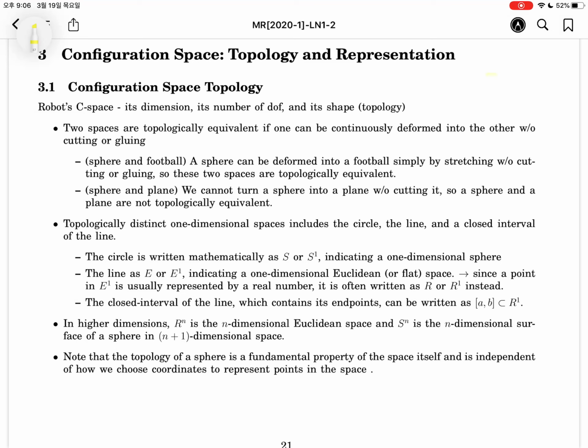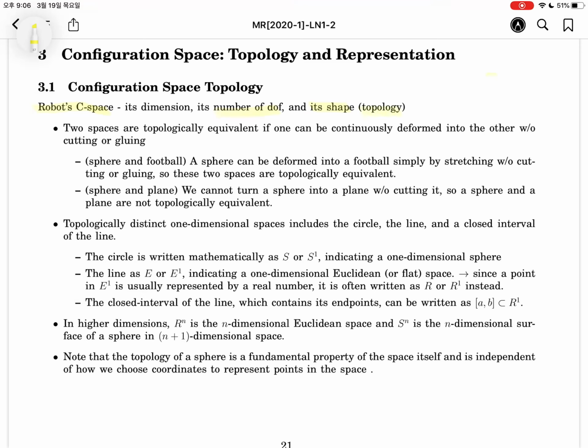Okay, let's begin with the topic of computation space topology. Till now we have talked about the number of degrees of freedom of a robot's computation space. Let's turn to the viewpoint of shape.